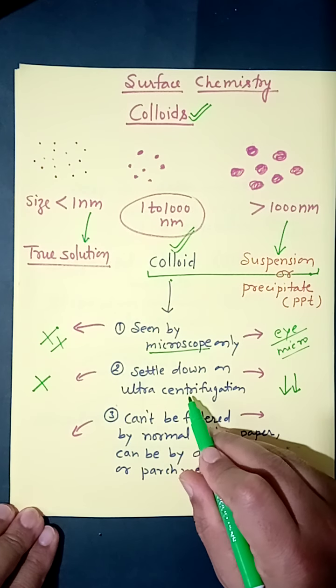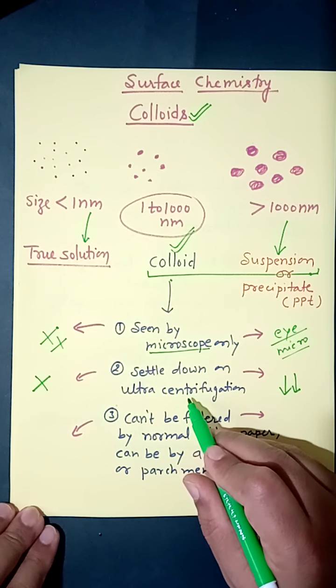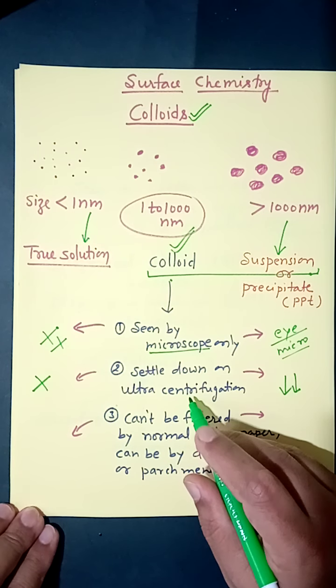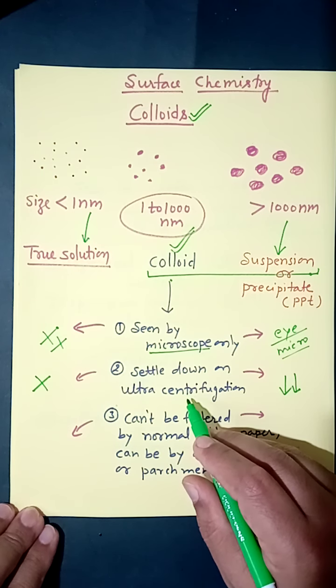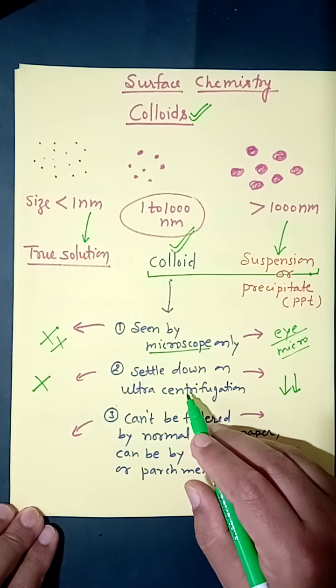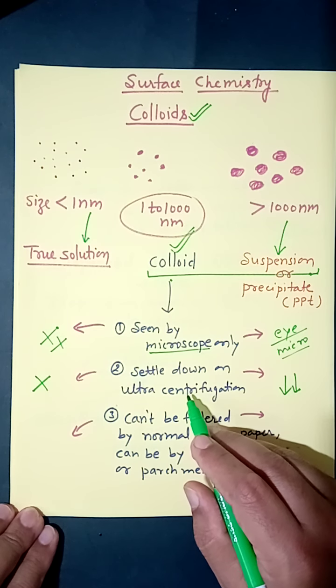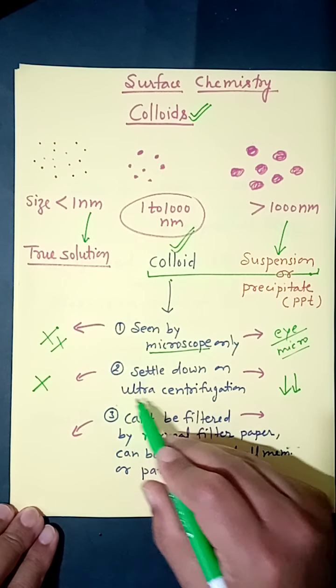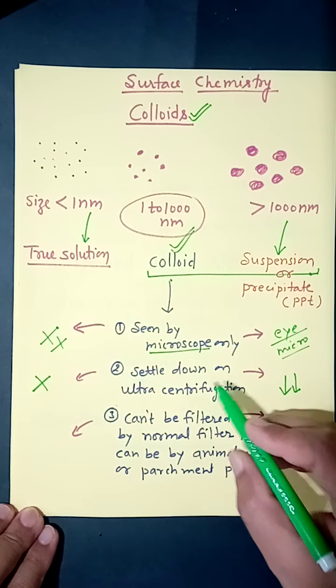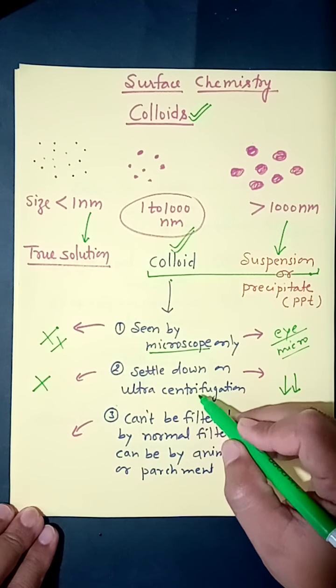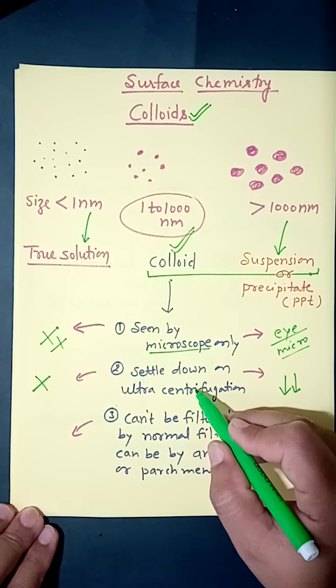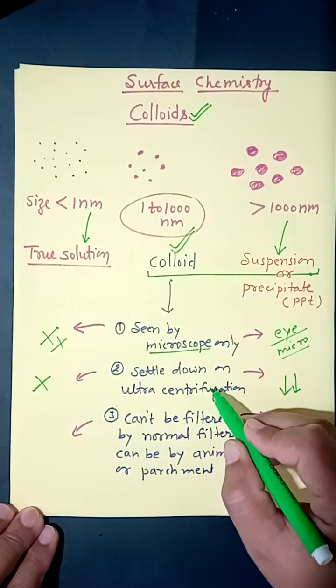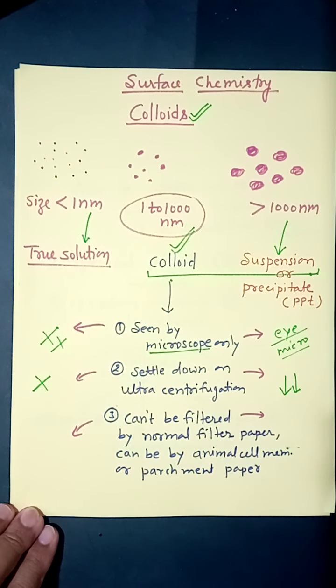What about colloids? The best example of colloid which we can remember is milk. You have observed that the particles of milk also do not settle down, but they can be induced to settle down under ultracentrifugation. So in normal condition they don't settle down, but on ultracentrifugation the particles can be settled down in case they are colloid.